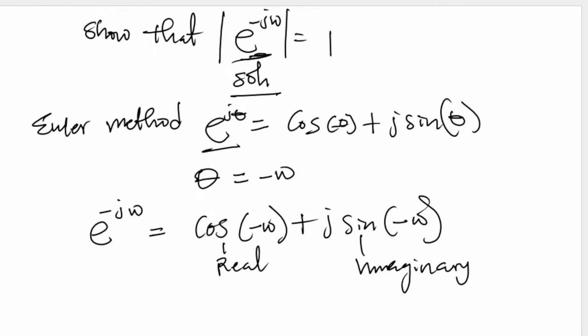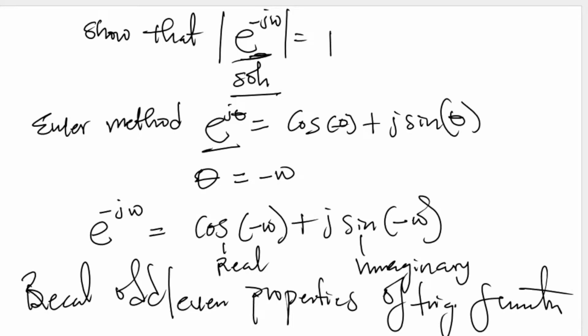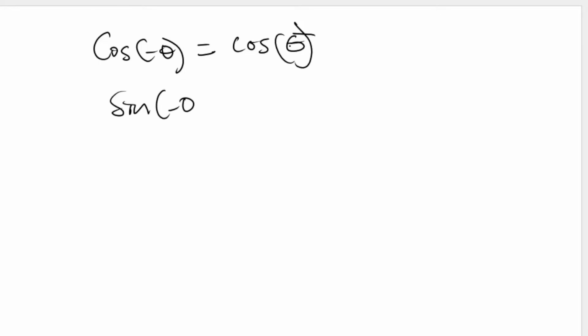Now recall, when we are talking about the even and odd properties of trig functions, we have that when we are considering cos, if you have cos minus theta, this will be equal to cos theta. But if you have sine minus theta, this will be equal to what?